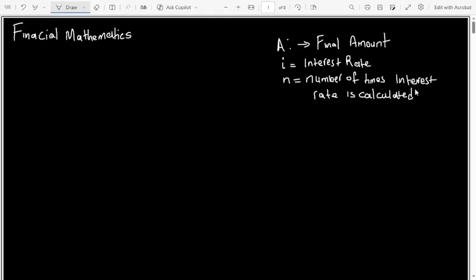Okay, so now P is the principal amount, or we can say the present value. Principal or the present value.